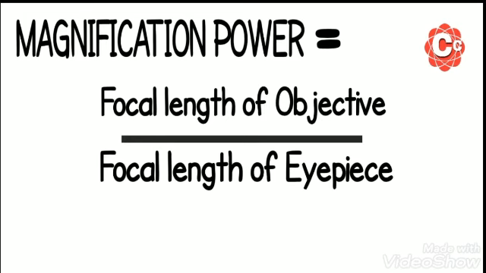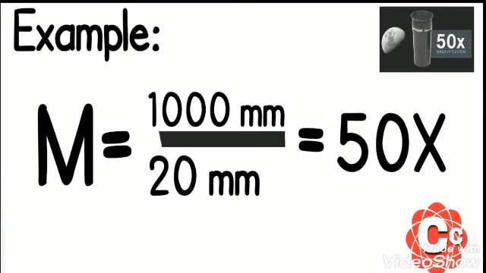For example, if the focal length of the primary mirror is 1000 mm and the focal length of the eyepiece is 20 mm, then the magnification is 50x. So we can magnify an object 50 times its original size.